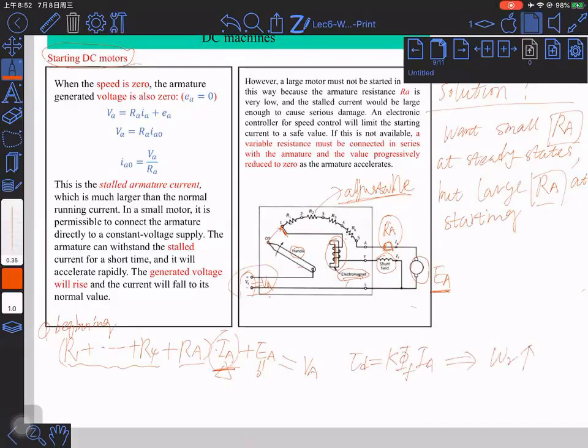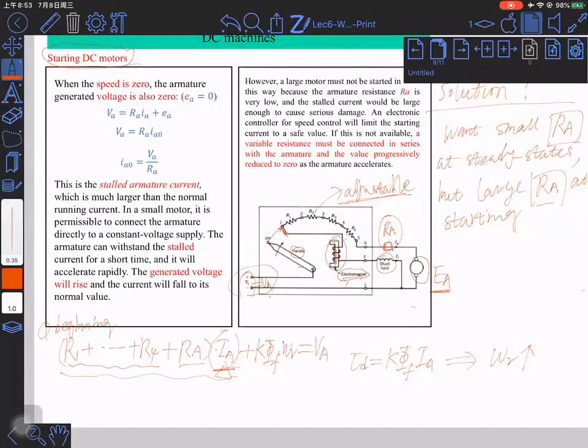The consequence is the speed is increased to a certain value. Once the speed increases to a certain value, this equation changes. We still have this term, but we have changed the electromotive force. That's going to be K flux F times omega R, which is equivalent to VA.